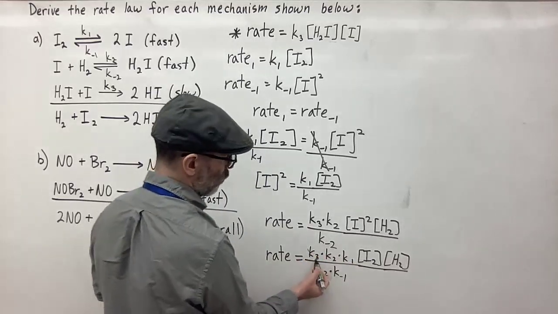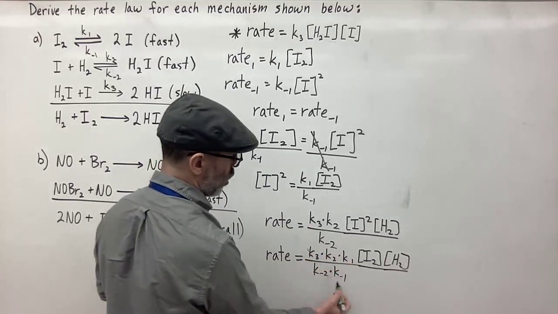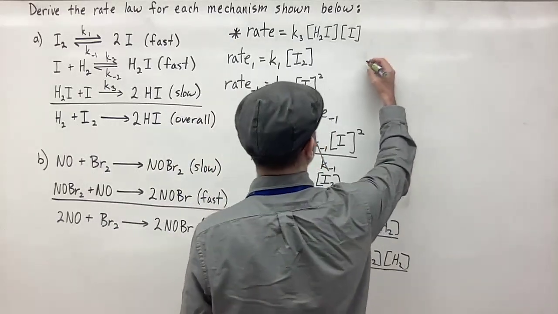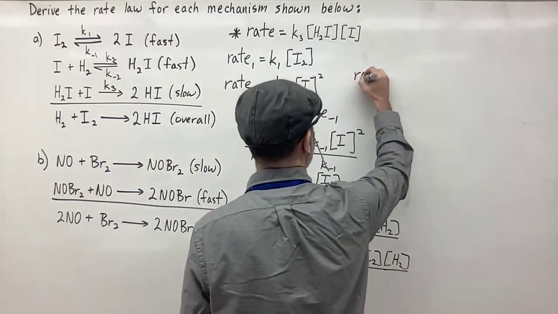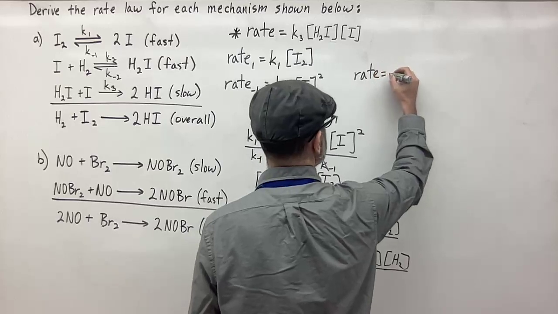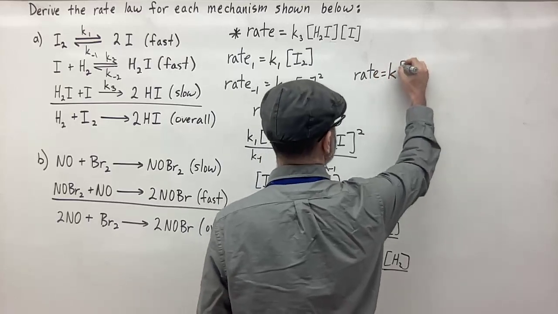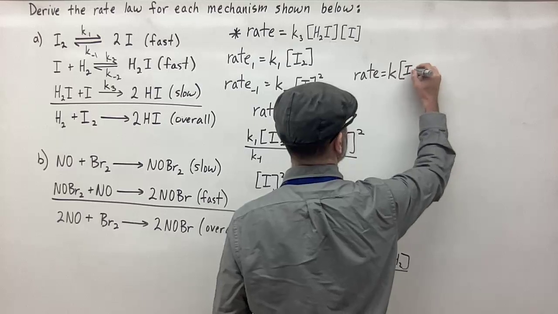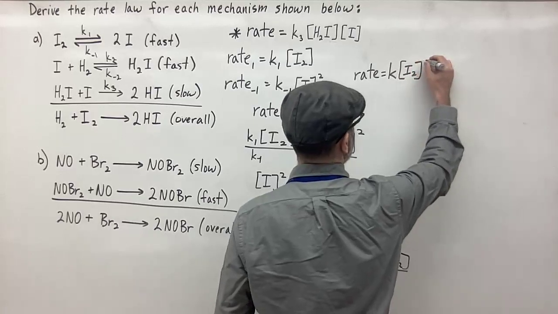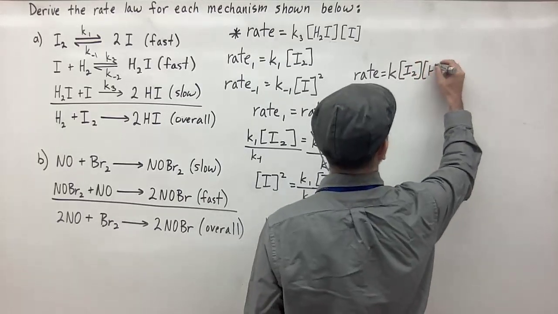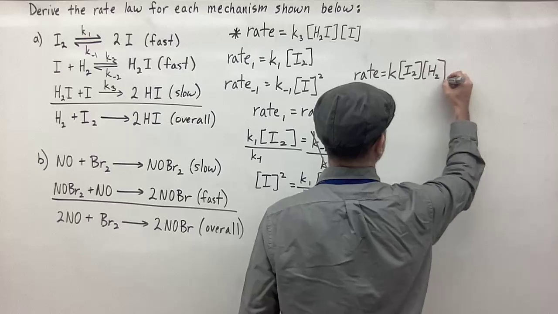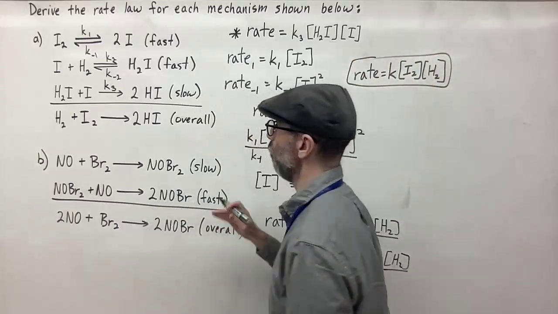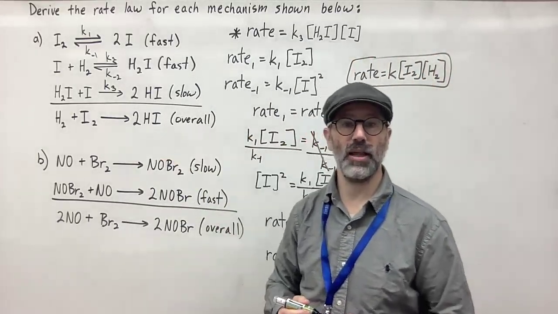K3 times K2 times K1, I can just call that K. So then the ultimate final answer will be the rate is equal to K times the concentration of I2 times the concentration of H2. And that is the rate law for that reaction there.